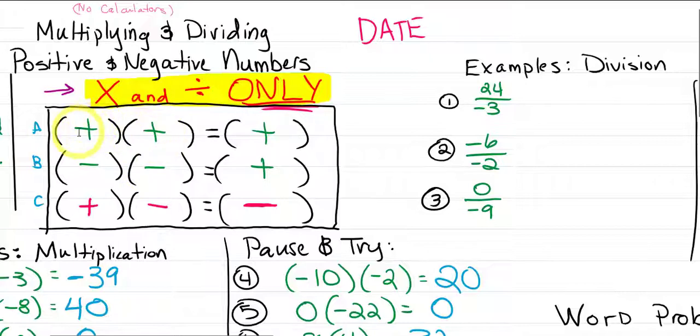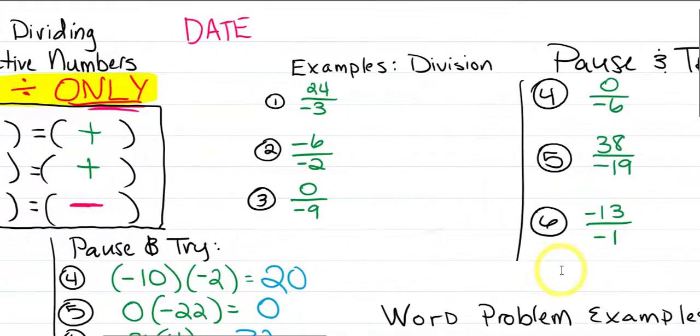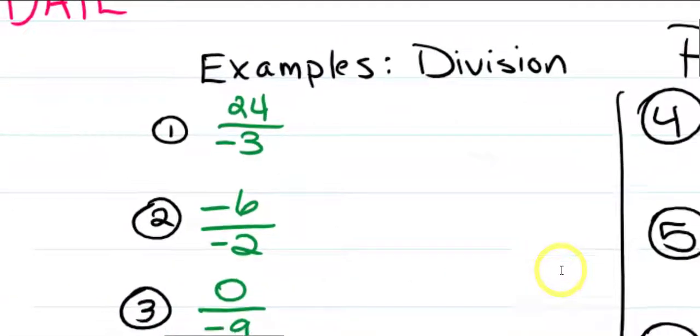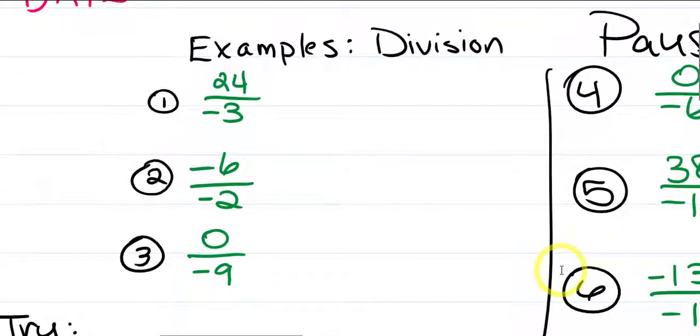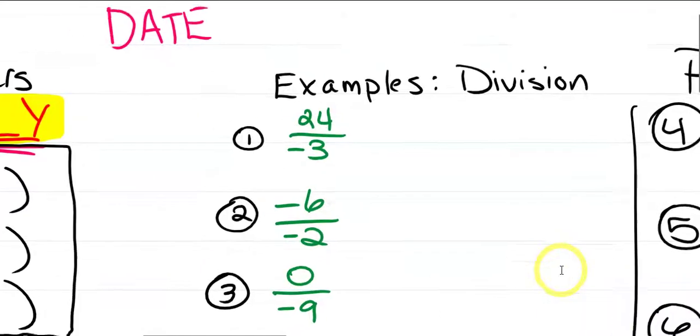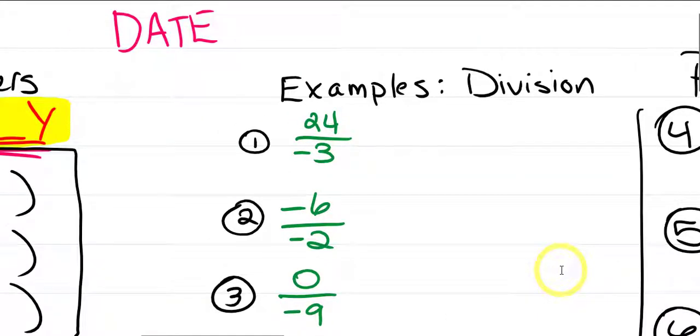Okay, so if you have two numbers that are positive and we're dividing them, your answer will be positive. Two negative numbers being divided, your answer will be positive. If one is positive, one is negative in division, your answer will be negative. Now the notation for division changes when we start using algebra. So in the past, you would have set this problem up something like this.